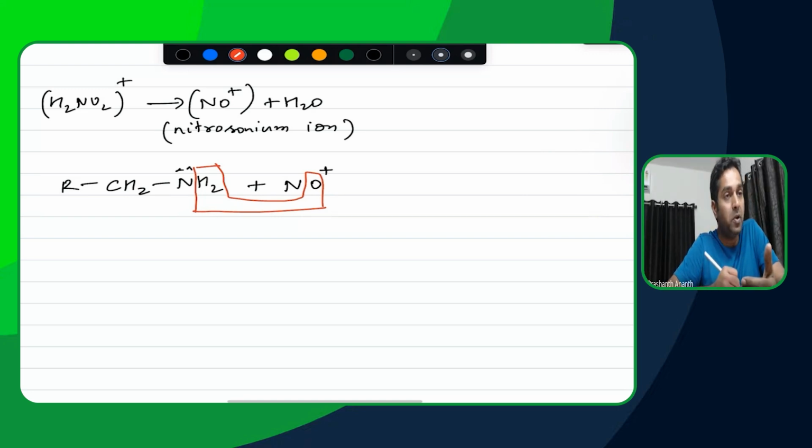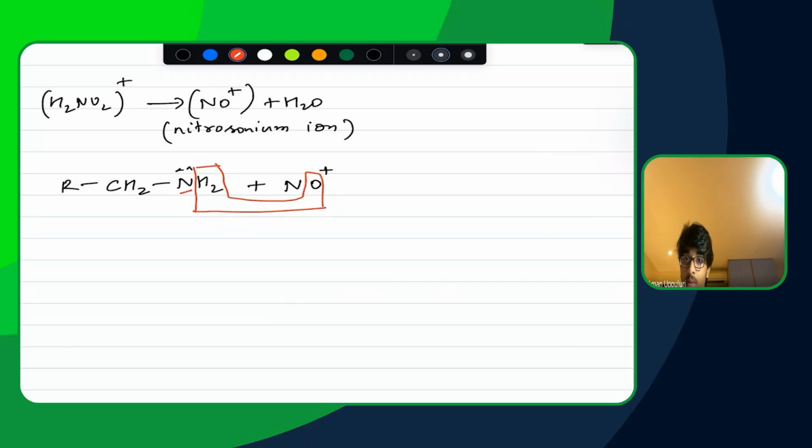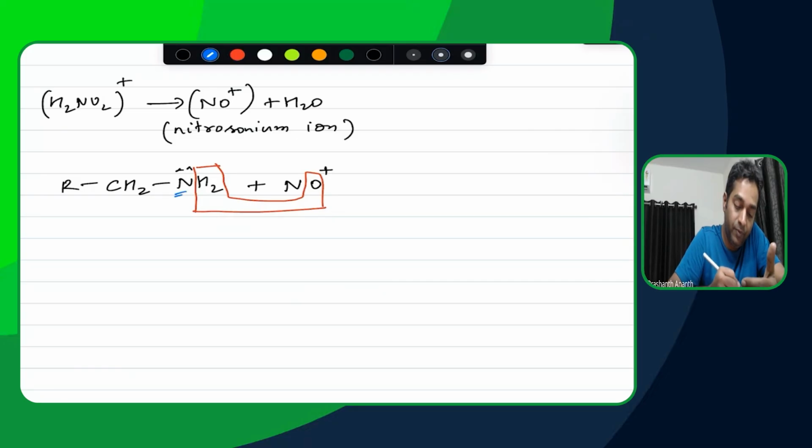If the H2O is eliminated, the pieces left over are basically this nitrogen, let me mark the nitrogen in blue, and of course the plus 1 also, because H2O will not leave in any other form. It will leave as H2O only. So the product obtained is something like this.